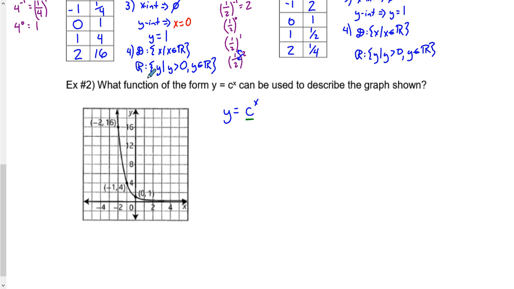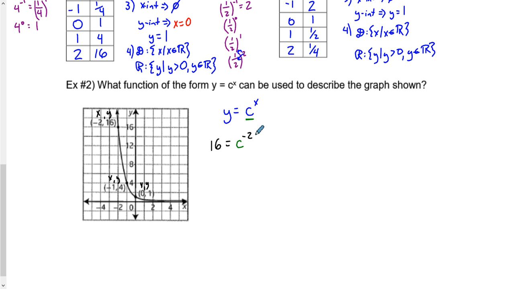What we're saying is we have 3 different answers here. All of our coordinates go x comma y. So we have 3 things. We have 16 equals some c value to the power of our x value.